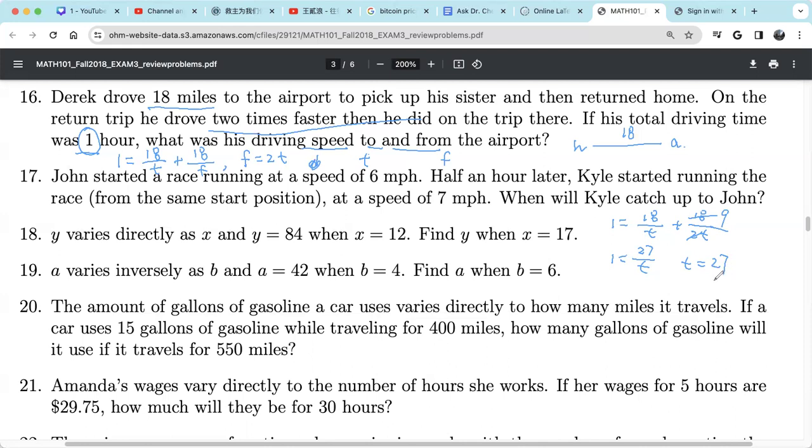So the speed for him driving from home to the airport is 27 miles per hour. Then what about his return? Remember his return speed is 2 times faster, and we call it F. So 2 times 27 is 54 miles per hour.